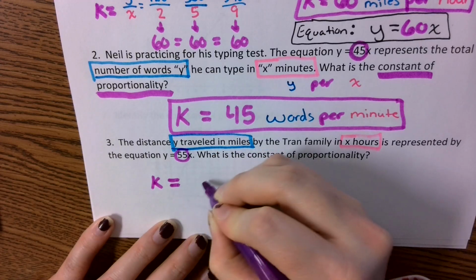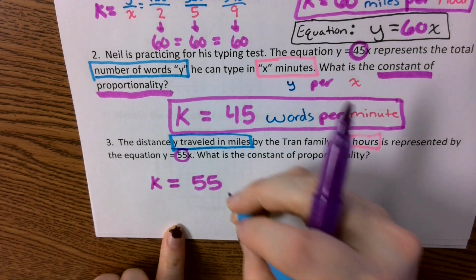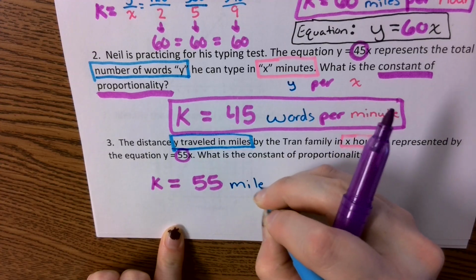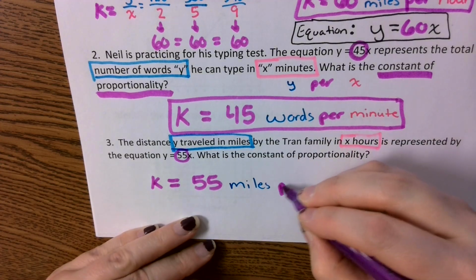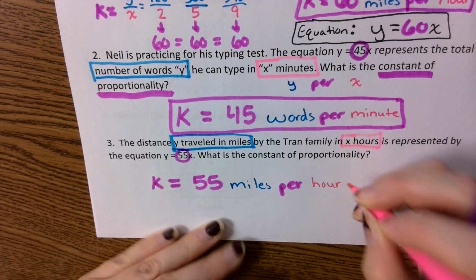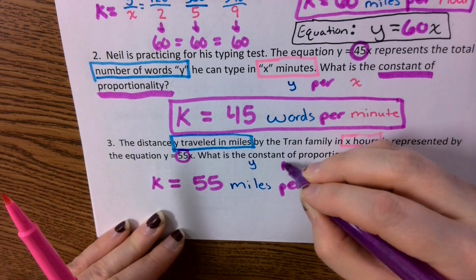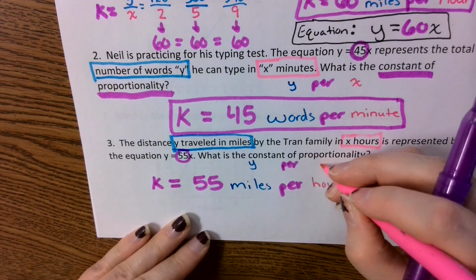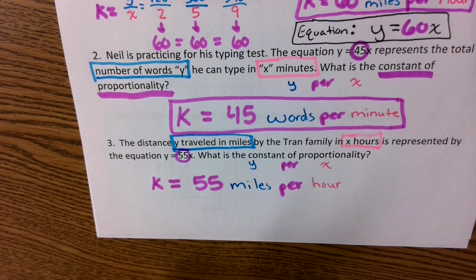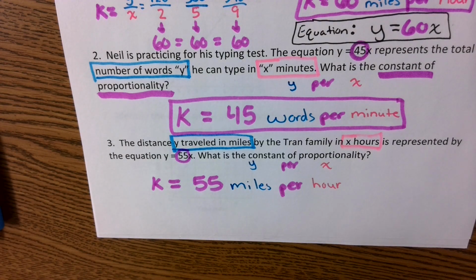So K is equal to 55, and again, miles per hour, right? It's whatever our y is per whatever our x is. It's y per x, whatever your y value was per whatever your x was.